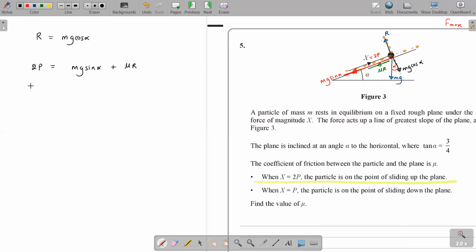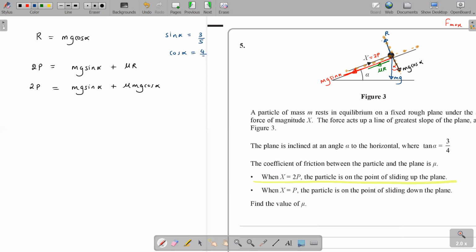Input the R value. 2p equals mg sin alpha plus mu R, which is mg cos alpha. Are you all okay with this? Shall we input the sin alpha and the cos alpha values? What was sin alpha? Sin alpha was 3 over 5 and cos alpha was 4 over 5.